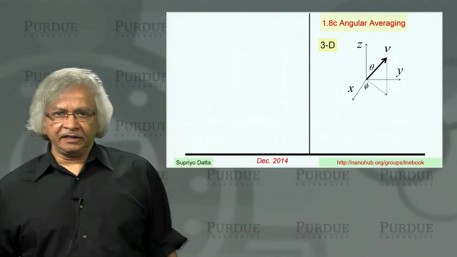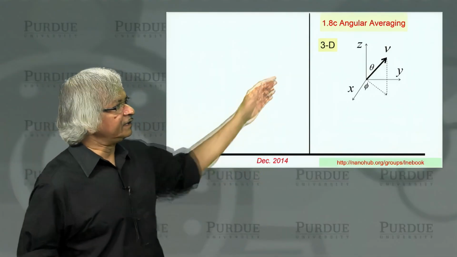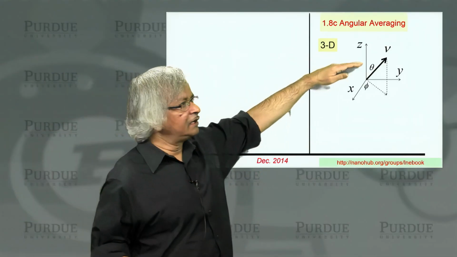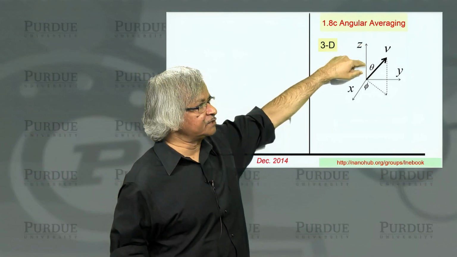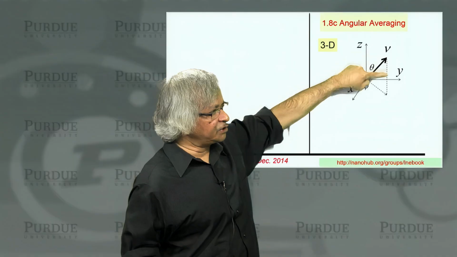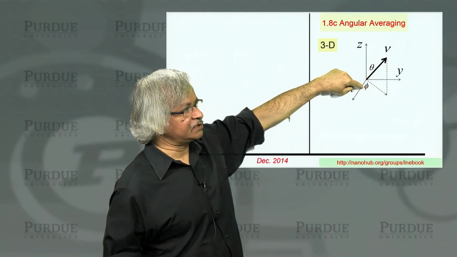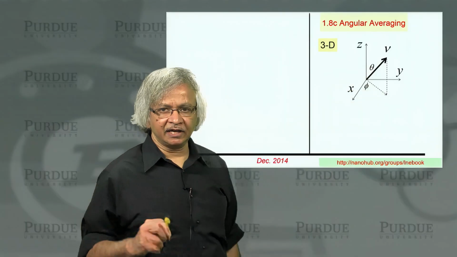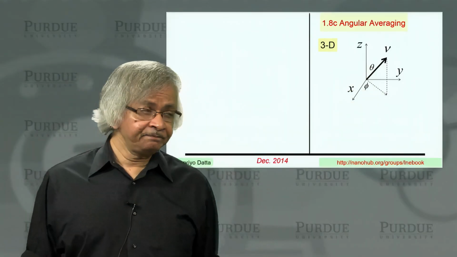Now for the 3D case, which is the most complicated mathematically. Here you have two angles: one angle with respect to the z-axis, and then you project down to the xy plane and look at the angle with the x-axis. So there are these two angles, theta and phi, which define a particular direction in 3D.